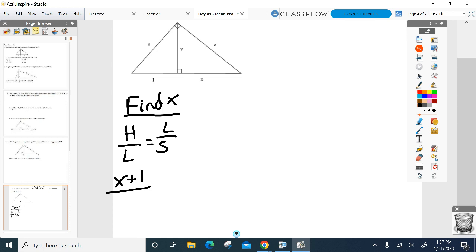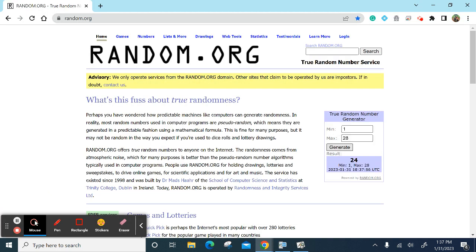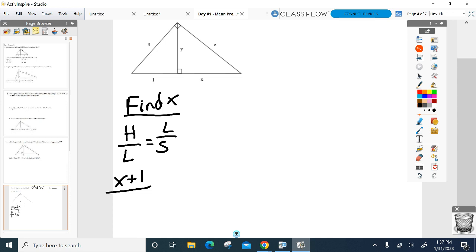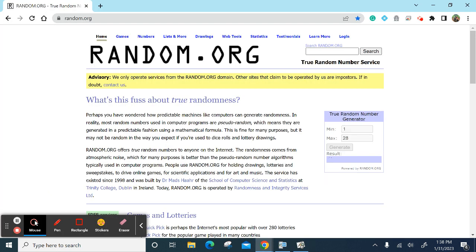What's L stand for? Leg. I got 2 of them. I got 3 and I got z. Hey, I already have an x in here, though. Probably don't want the z, right? So I'm going to go with 3. Legs are the same in Hills, so 3. And if I use a leg of 3, which segment do I need now?